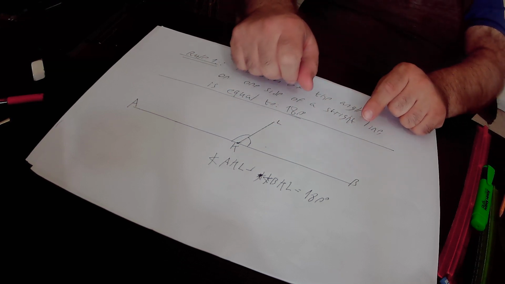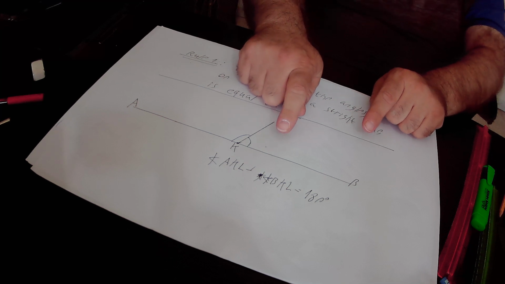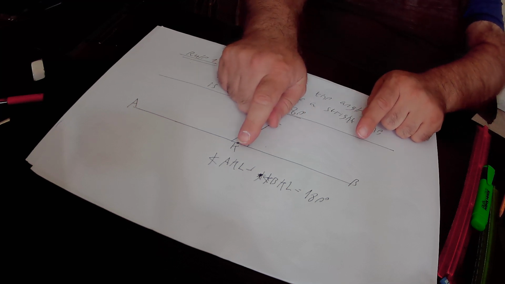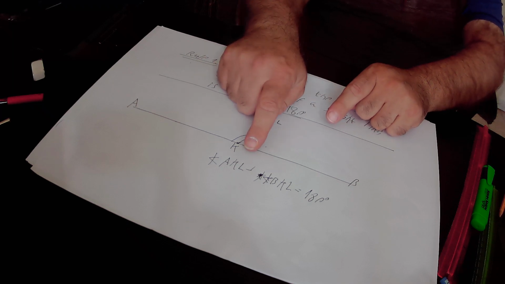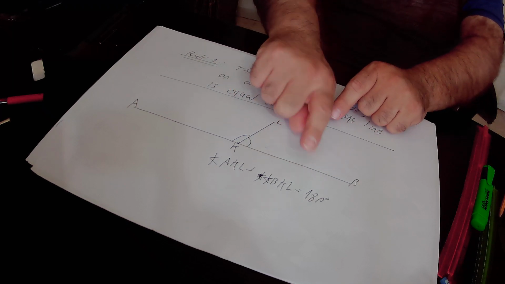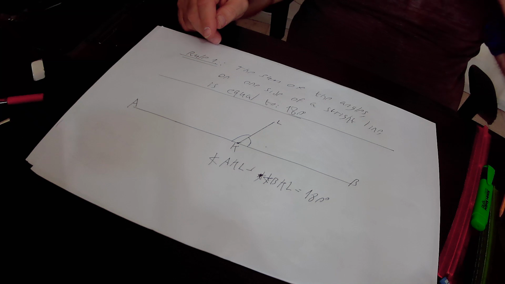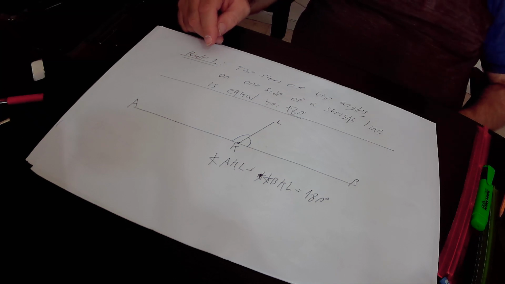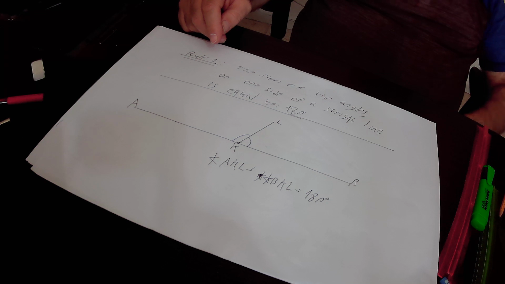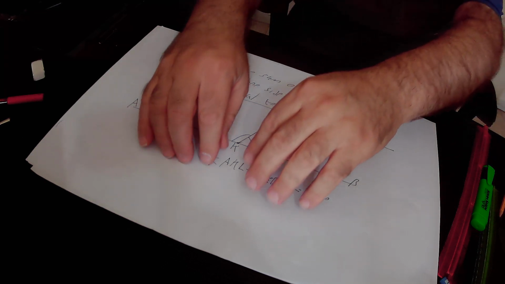In total, the sum of those two angles must be equal to 180 degrees. That is to say, angle AKL plus angle BKL must be equal to 180 degrees according to rule number 1. And the same thing is true in relation to the lower side.